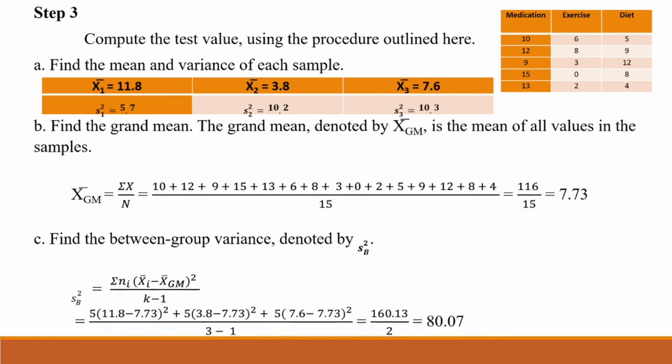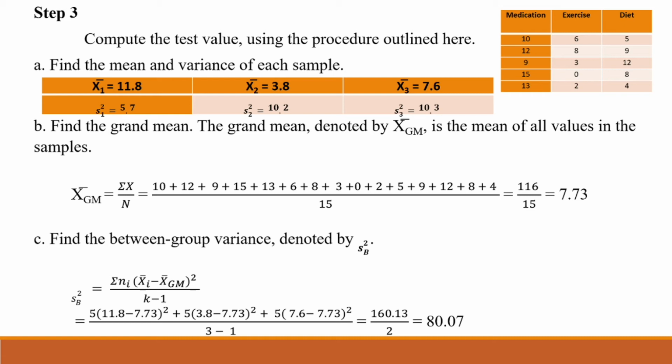So isa-substitute na natin yung mga nakuha natin. So 5 times 11.8 minus 7.73 squared plus 5 times 3.8 minus 7.73 squared plus 5 times 7.6 minus 7.73 squared divided by 3 minus 1.